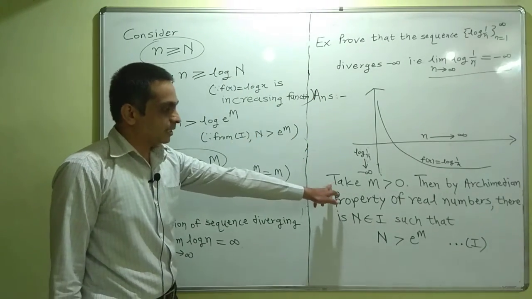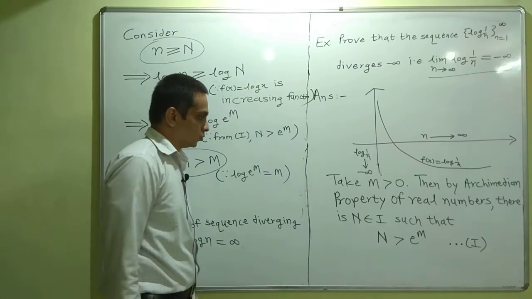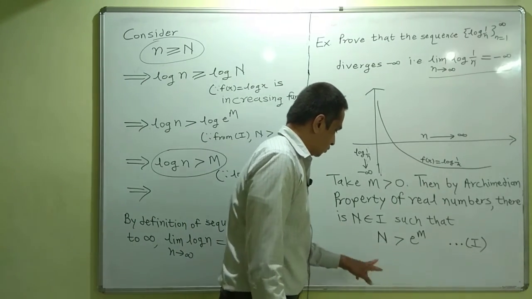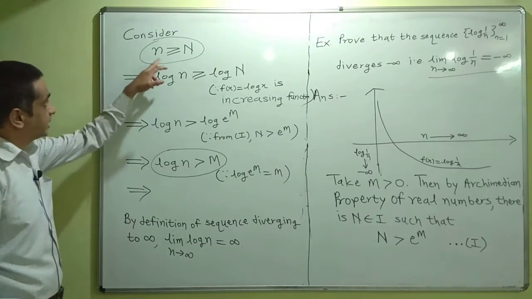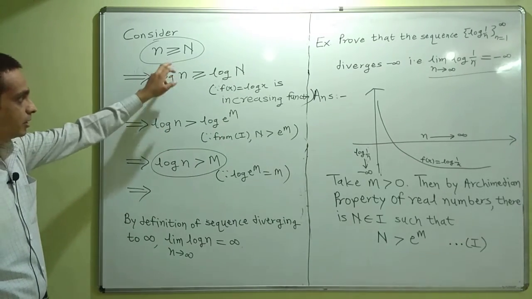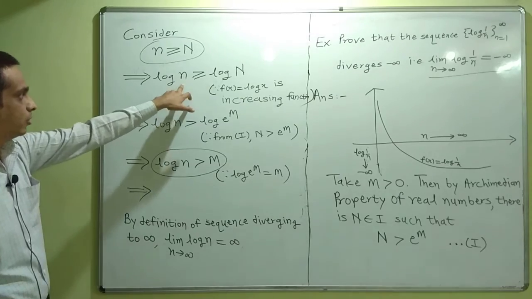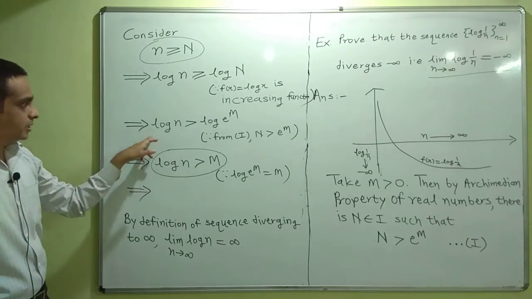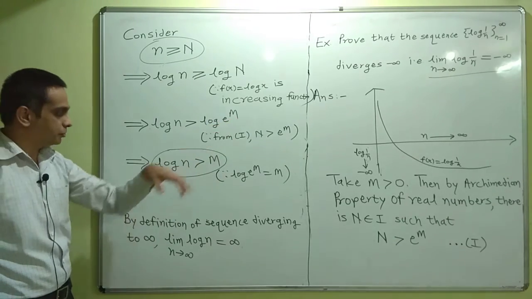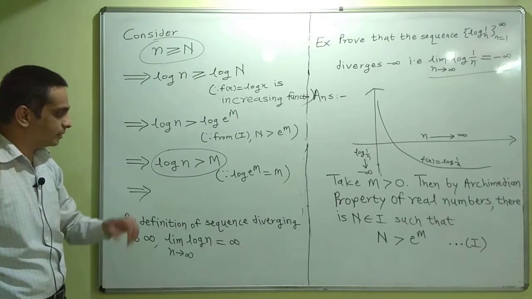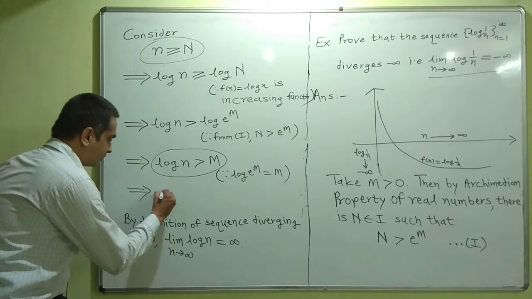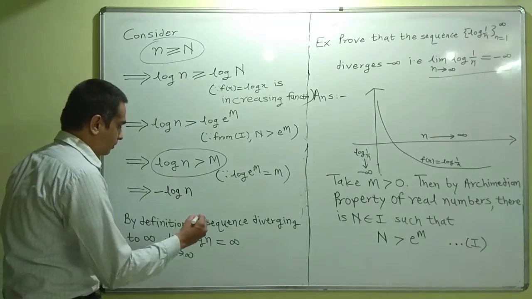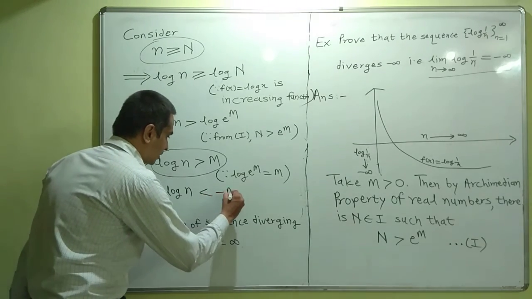We begin by taking m greater than 0, then we apply the Archimedean property to e raised to m. Now we begin with n greater than or equal to N. As log x is an increasing function, we can take log n greater than or equal to log N. Log N is greater than log of e raised to m. Log N is greater than m. And if I multiply this inequality by minus 1, it becomes minus log n is less than minus m.